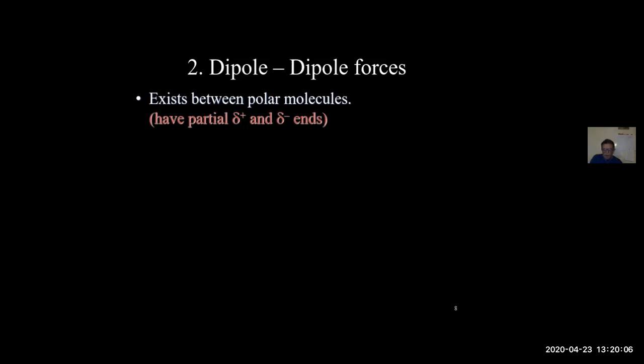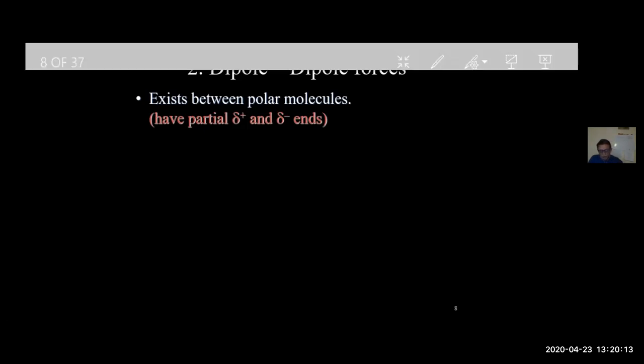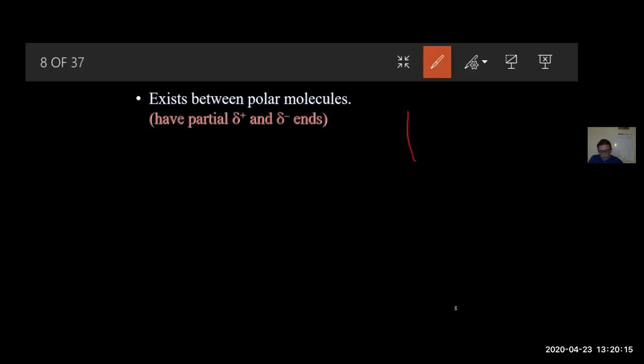With dipole-dipole forces, those are permanent dipoles. In the example we did with HCl, hydrochloric acid, that has a permanent dipole. Let me write that over here to my left. The chlorine in that example is a lot more electronegative than the hydrogen, so that dipole is always there.